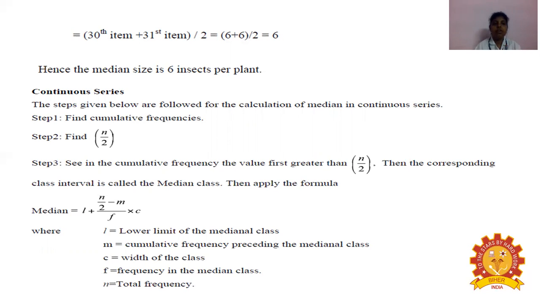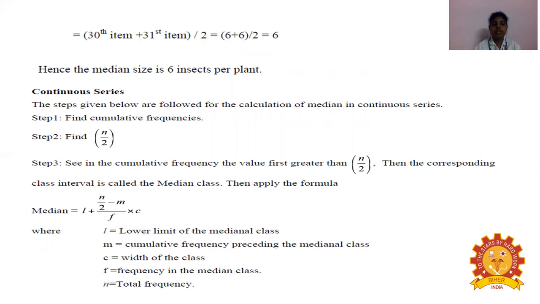Next, steps for continuous series. The steps given below are followed for the calculation of median in continuous series. First step, find cumulative frequencies. In the second step, find n by 2.